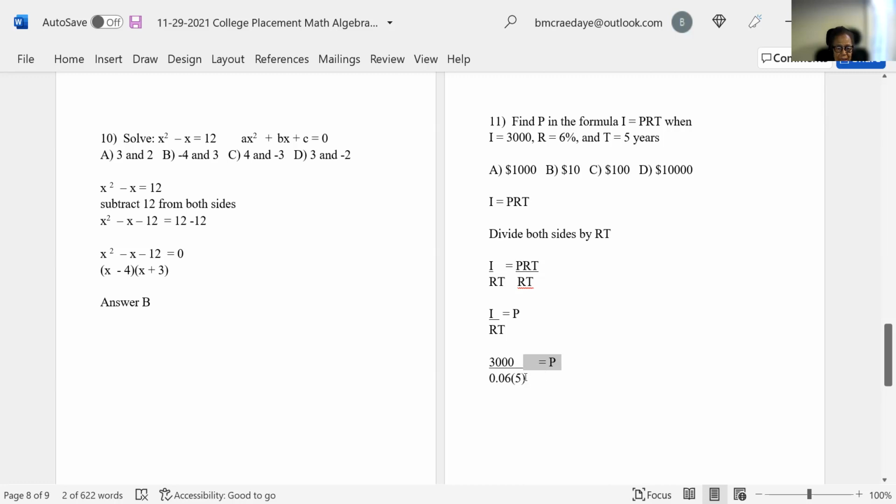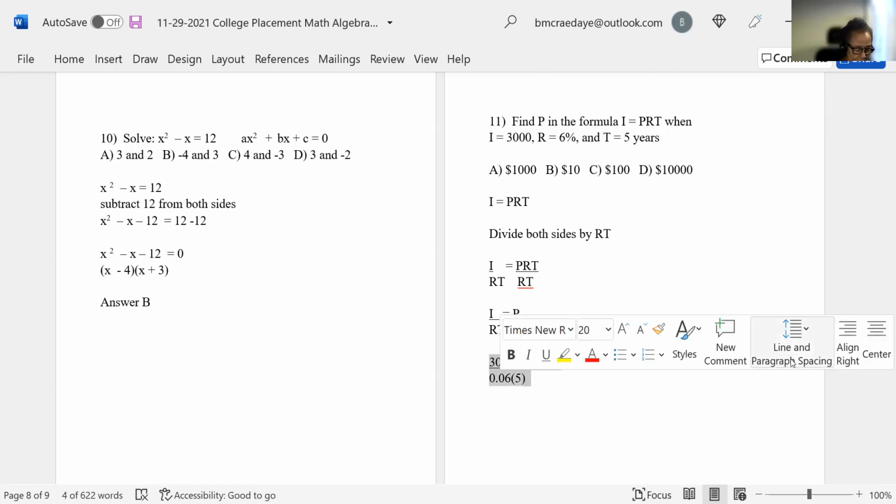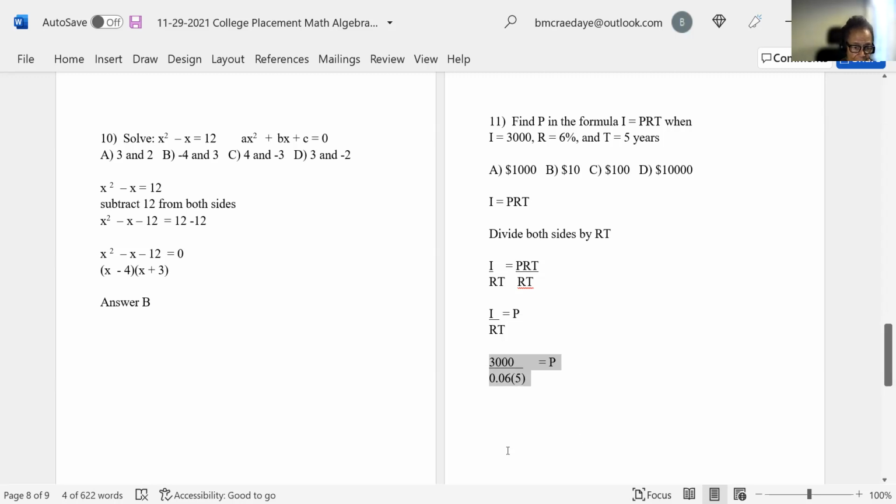When you multiply 5 times 0.06, what do you get? 0.3. Okay, we got 0.3. Okay, so that's 3,000 divided by 0.3.